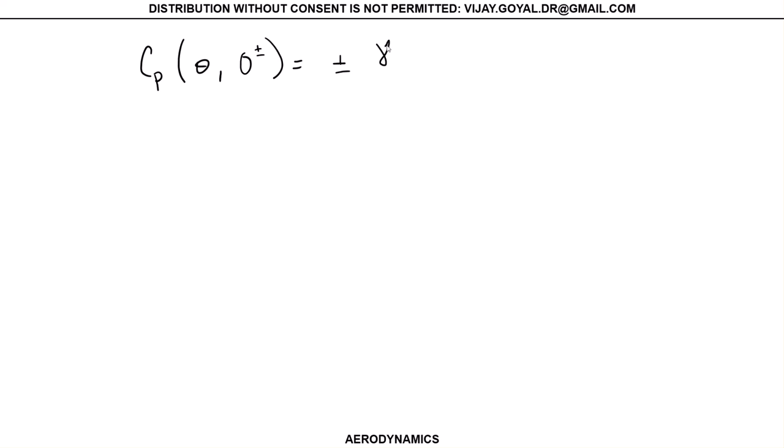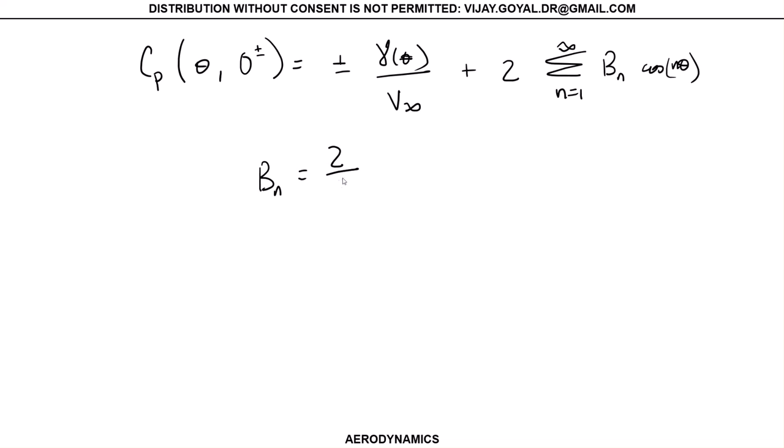This is plus minus gamma theta over v infinite, plus 2 times the sum from n equal to 1 to infinity of b_n cosine of n theta, where b_n is equal to 2 over pi, integral from 0 to pi of partial of eta with respect to x of theta, sine of n theta d theta.